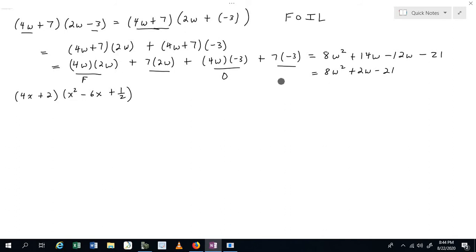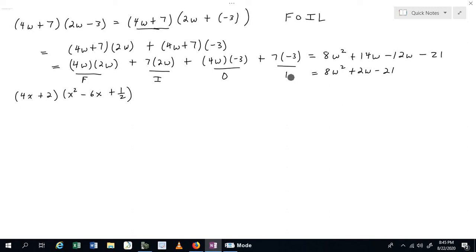This is the first term. And then the inner refers to the inner 2, which is the 7 and the 2w. So that's the inner. And then the last would be the 7 and the negative 3. These are called the first terms in the polynomial, and these are called the last terms in the polynomial. So the last would be 7 times negative 3.